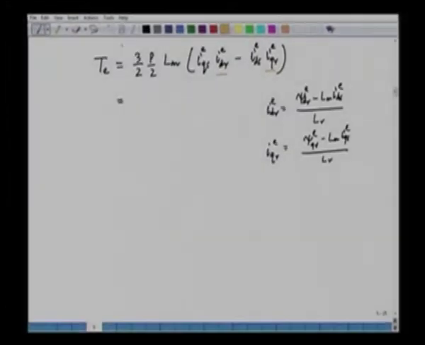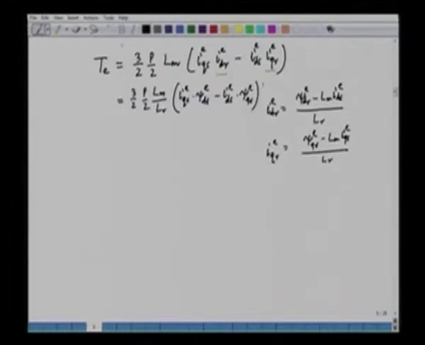So we can rewrite the expression for the torque as 3 by 2 into P by 2, and after simplification we will get Lm by Lr into IQS into psi dr minus IDS into psi QR.